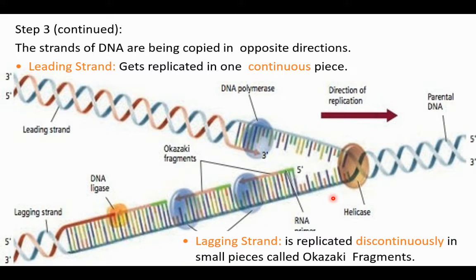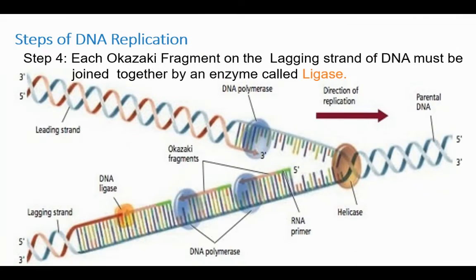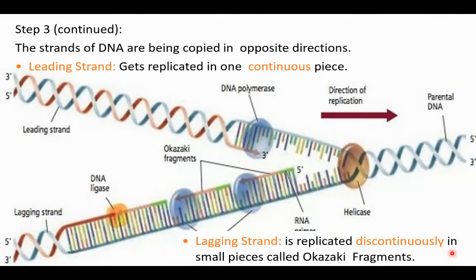Since opposite direction, napuputol yung inyong mga structures. Therefore, you are forming now the Okazaki fragments. So this is one Okazaki fragment, another Okazaki fragment. Pag umabot na siya doon, oy, may RNA primer, hindi na siya dyan, lipat na naman siya doon sa kabilang side na available for sequencing. Okay.